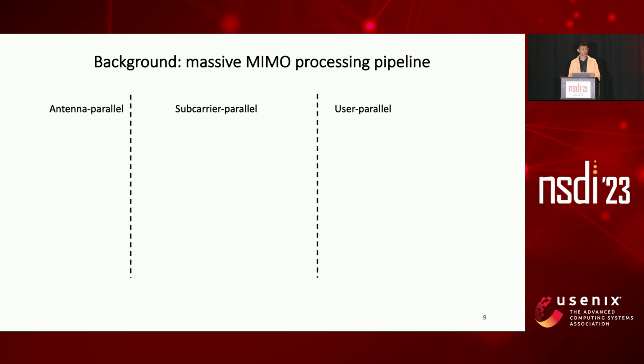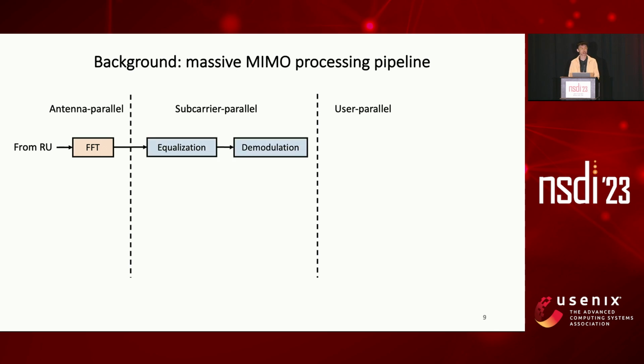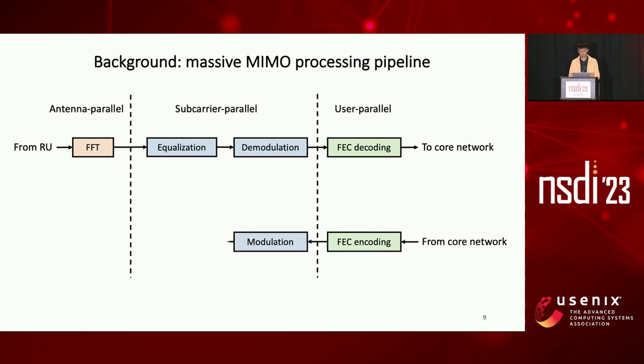This is similar in the later two stages. For uplink processing, when the BBU receives the radio signals, the signals are first processed by FFT at the antenna parallel stage, and then processed by equalization and demodulation in the subcarrier parallel stage, and finally processed by forward error correction in the user parallel stage. The downlink processing is similar.